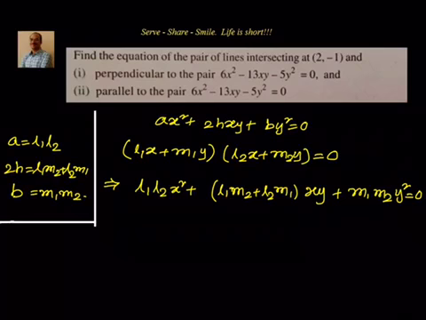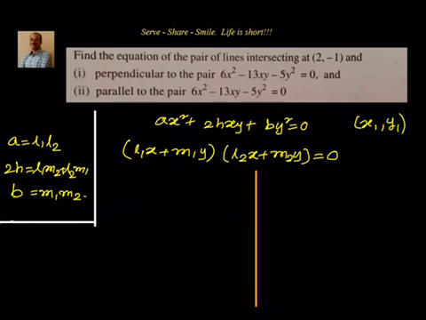Now let's take each line and try to find out the perpendiculars to the given lines passing through a specific point like 2, minus 1. Let us say passing through point x1 comma y1.